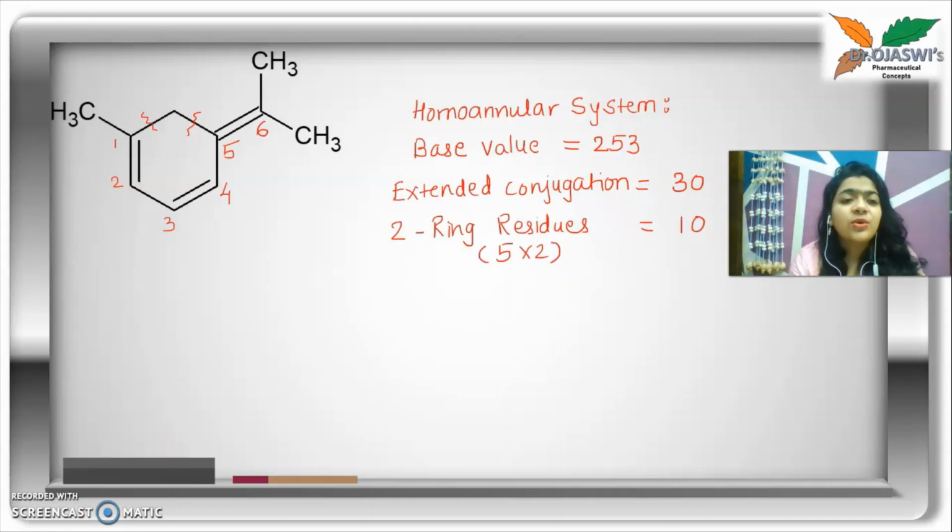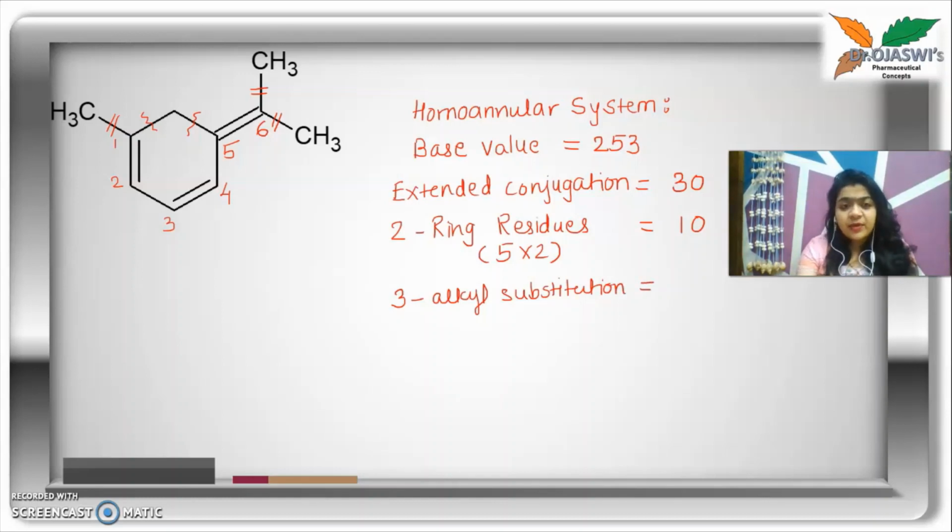Then I see on carbon number 1 one alkyl substitution, and on carbon number 6, 2 alkyl substitutions. So total 3 alkyl substitutions are present and 5 units for each alkyl substitution. So the total increase by 15 units because of the alkyl substitutions.